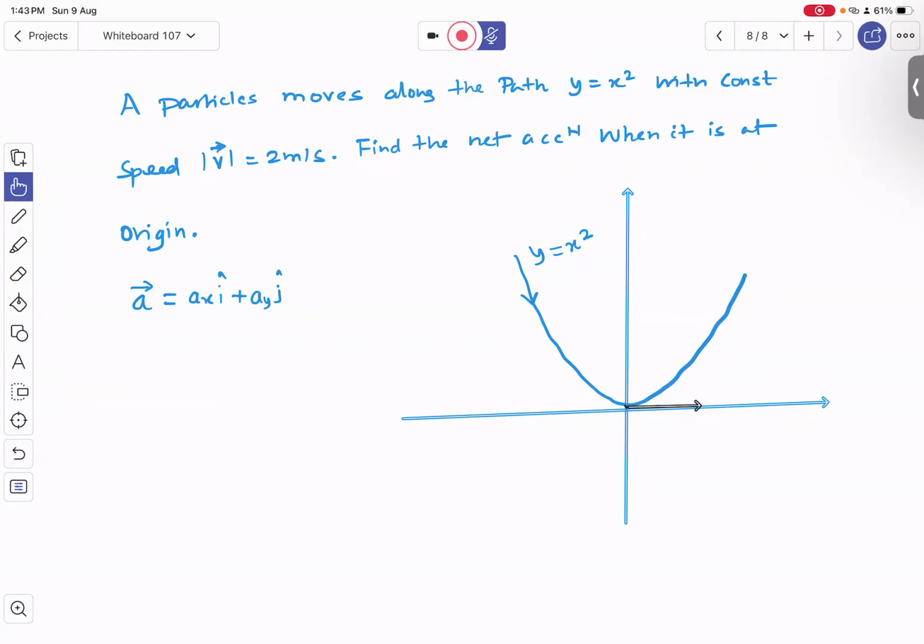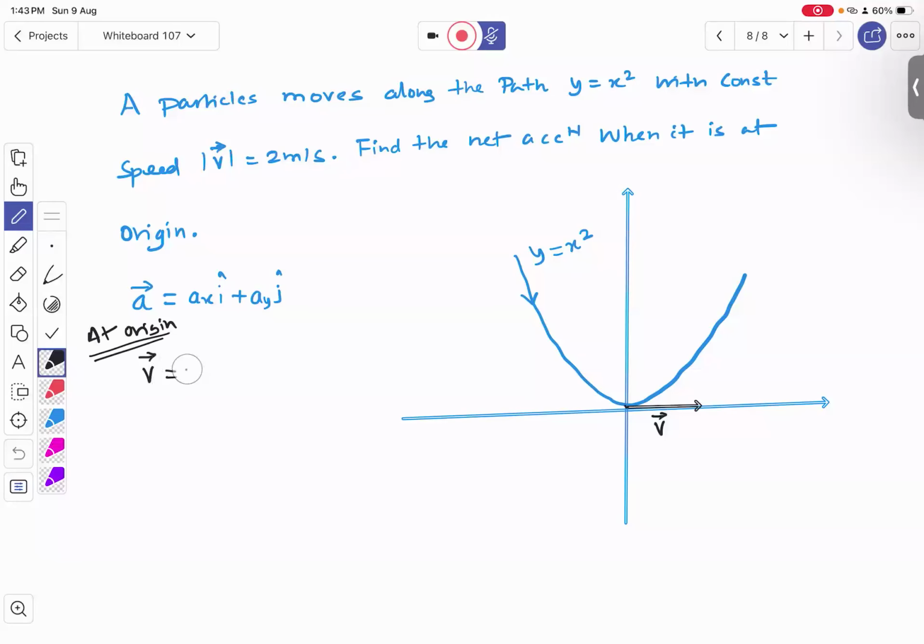And what is the velocity it has? It is of magnitude 2, but in what direction? X direction, no? So tell me, if I ask you what velocity it is having at the moment when at origin? At origin, the only component it has is what? X component, no? So I'll write it as Vx i cap, correct?